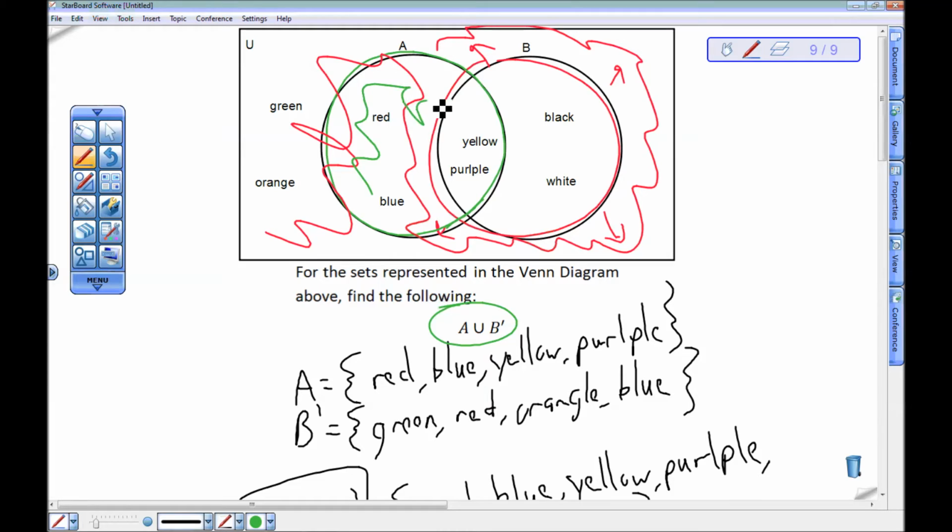And here was A. Since this is a union, I want anything that's colored in here. So all of A there, red, yellow, purple, blue, and everything outside of B, so green, orange, red, and blue. I put those together, and I get this set. I get their union.